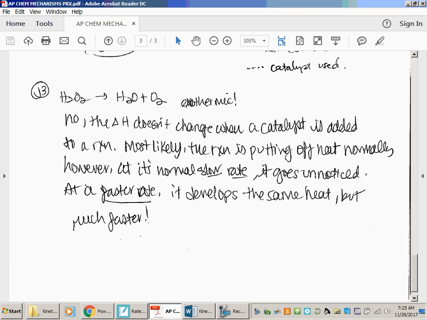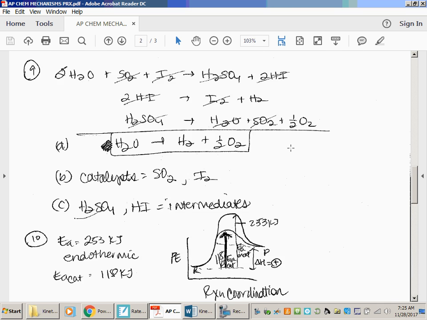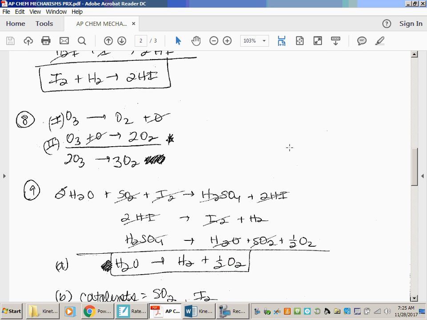Okay, another one? Number 8. We did 12 yesterday. So in 8, you were given ozone goes to O2. The first step is ozone going to O2 plus a single oxygen. So this is the first step.